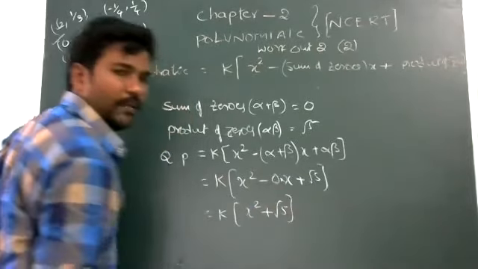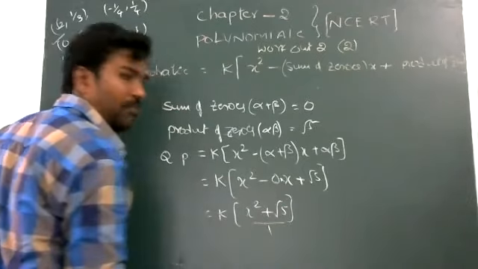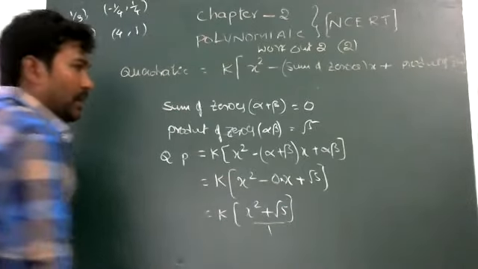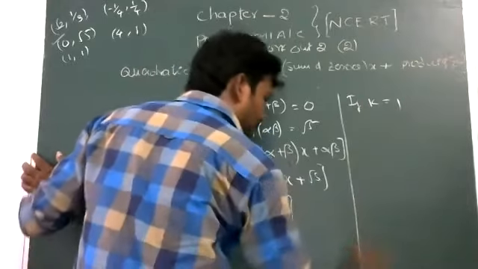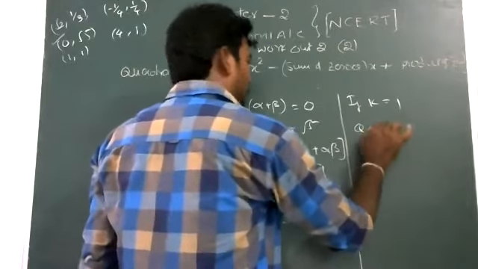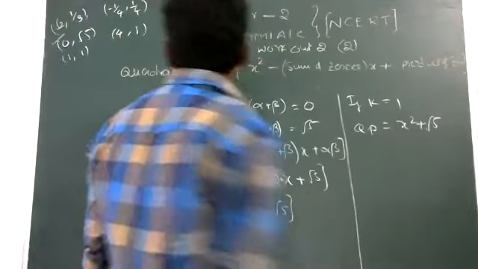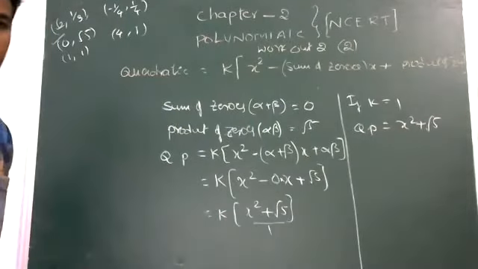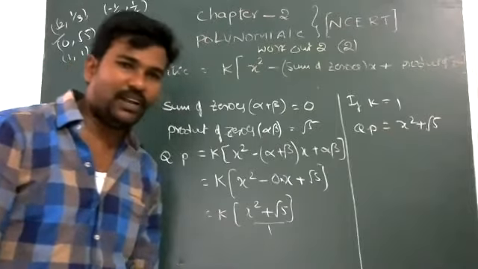Now what about k? Is there any denominator? No denominator, so you can write it by 1, no problem. If k equals 1, then the quadratic polynomial equals x square plus root 5. Can you solve the remaining problems? Yes, very nice.